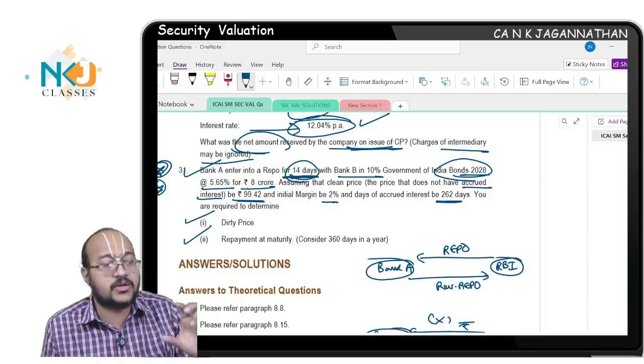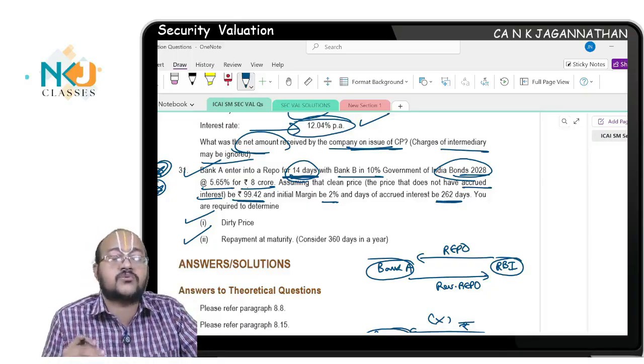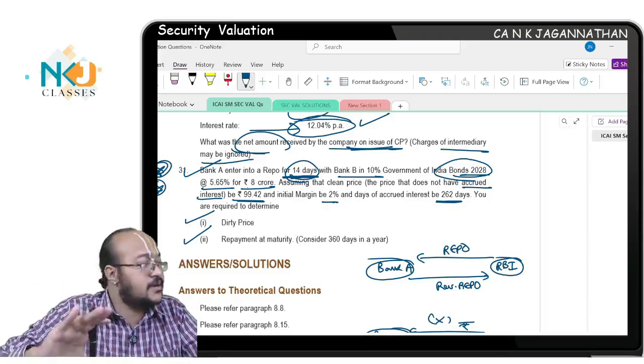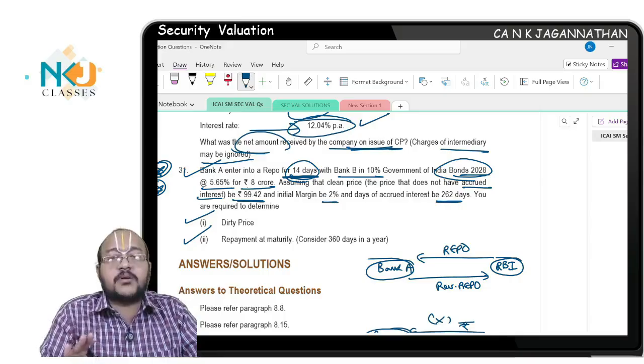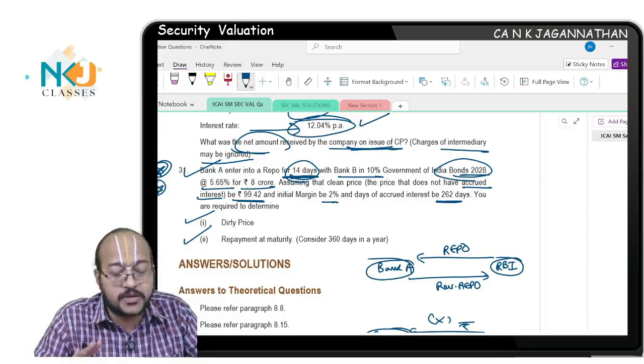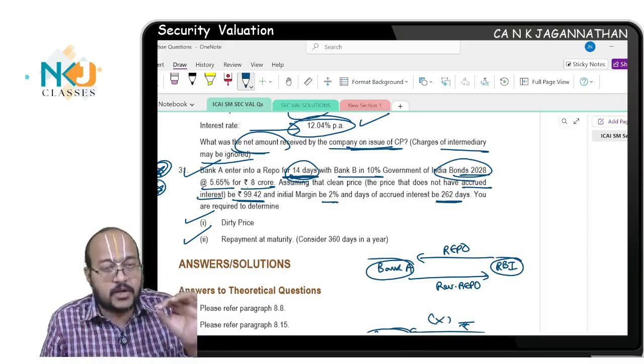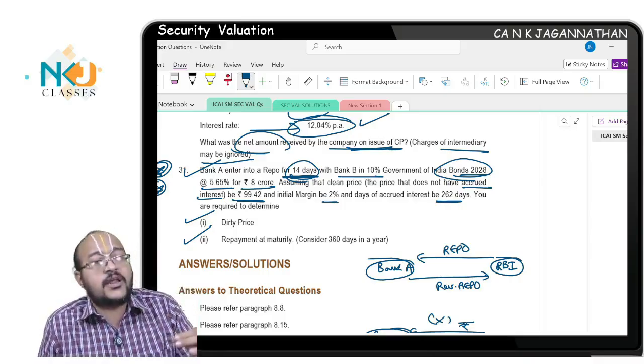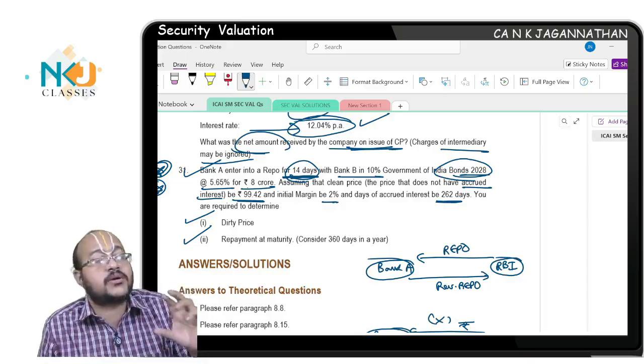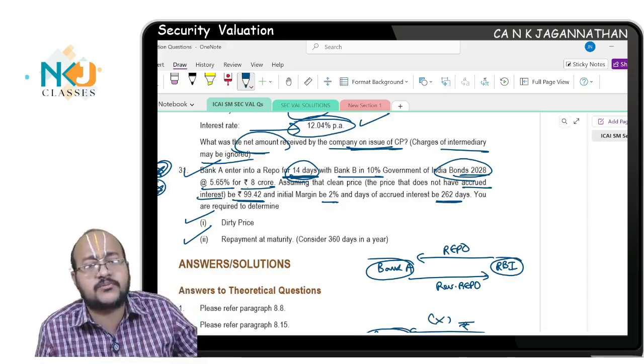So there will be some accrued interest portion, and for that the person should pay compensation. The clean value of the bond never includes the interest portion, and we call the other the dirty value. The dirty price of the bond is nothing but the clean value with the accrued interest portion added. I have explained the underlying concept there, you can go through.